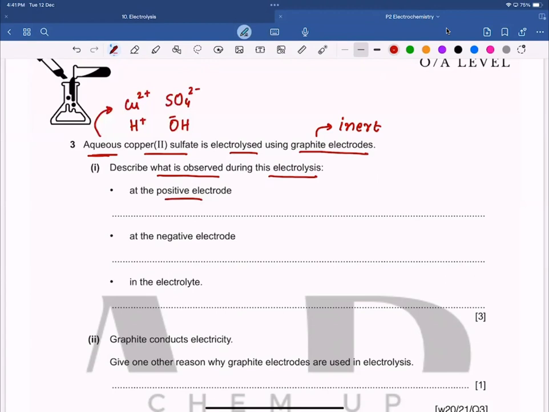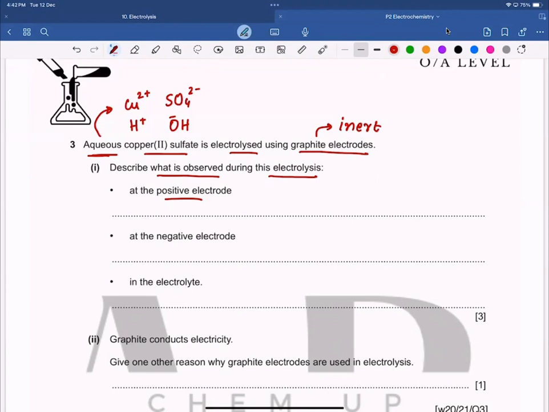OH negative. When we did the summary, we discussed that sulfates and nitrates never oxidize. So in that case, OH would oxidize. When the OH negative ion oxidizes, what will be the product? Oxygen. When oxygen is found in the solution, what will you see? Bubbles.